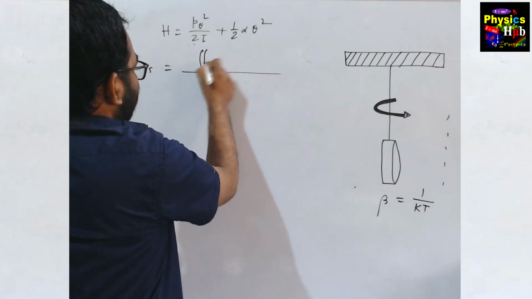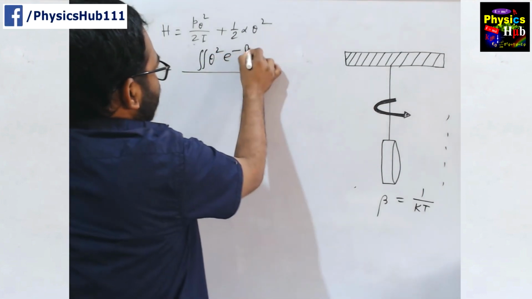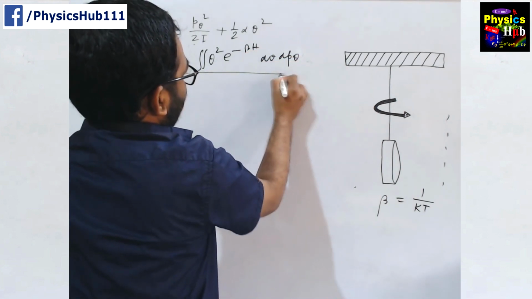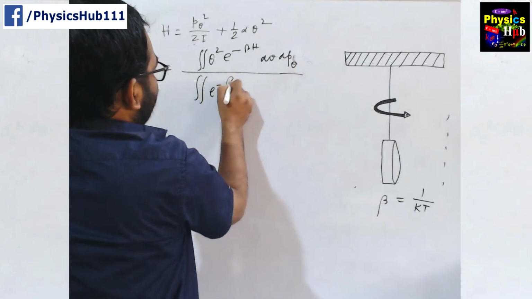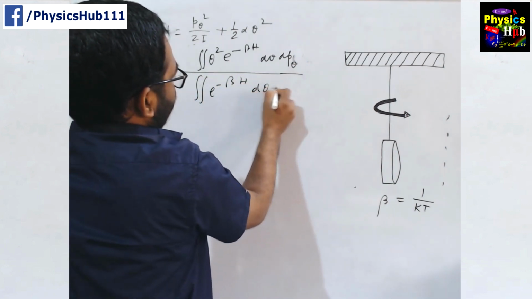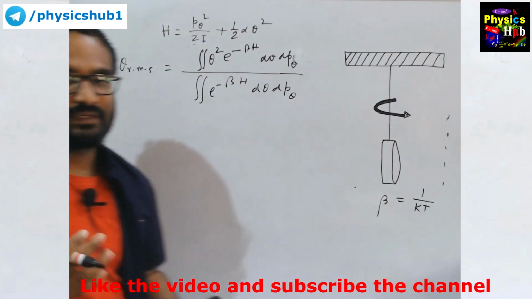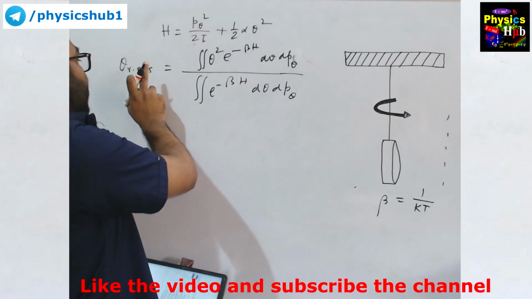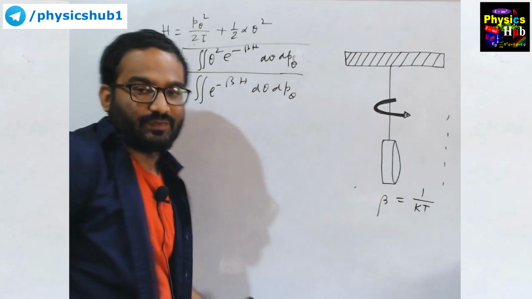That will be a double integration in a similar way, theta squared e to the power minus beta H d theta dp theta upon the double integration of e to the power minus beta H d theta dp theta. It is giving you the mean value of theta squared. But RMS means we have taken the square mean and we have to take the root over all of these things.